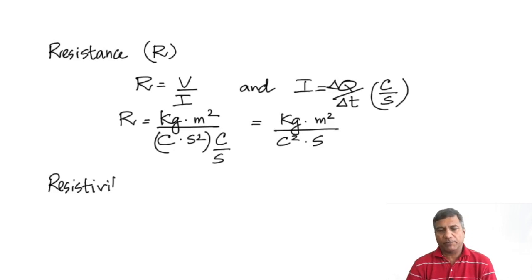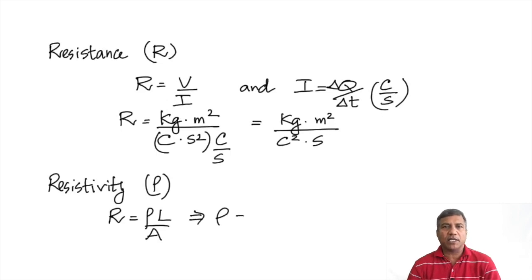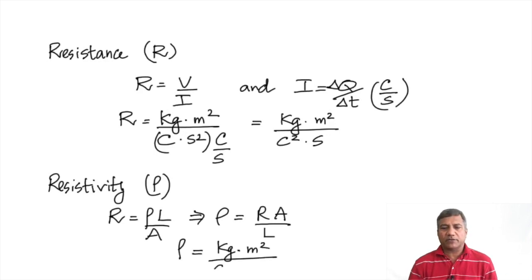Now resistivity. The symbol is rho and comes from the formula R is equal to rho L by A. When you rearrange that, you get rho to be RA by the length.